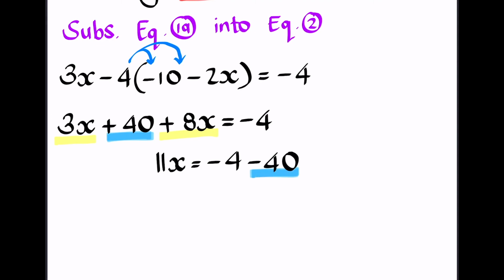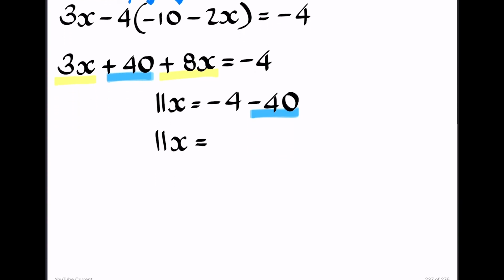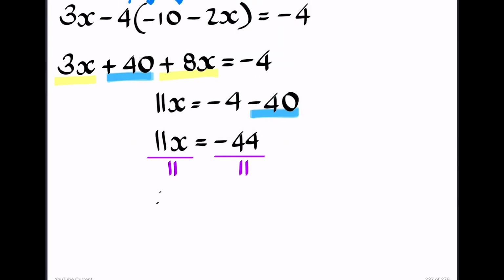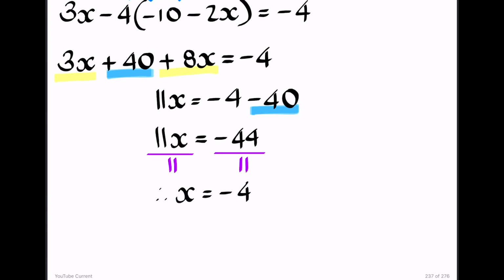So I have 11x equal to minus 4 minus 40, which is negative 44. But I want to get the x by itself, so I'm going to divide both sides by 11. When I divide both sides by 11, therefore x is equal to negative 44 divided by 11, which is negative 4.